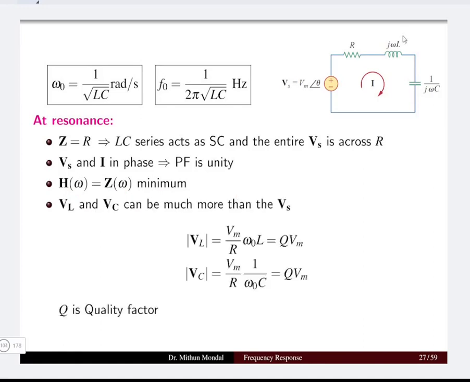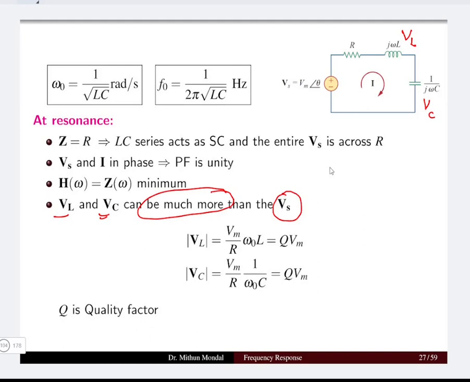Now what happens to the inductor voltage and the capacitor voltage at the resonance condition? The inductor voltage and capacitor voltage will be much greater than the supply voltage Vs. How is that?